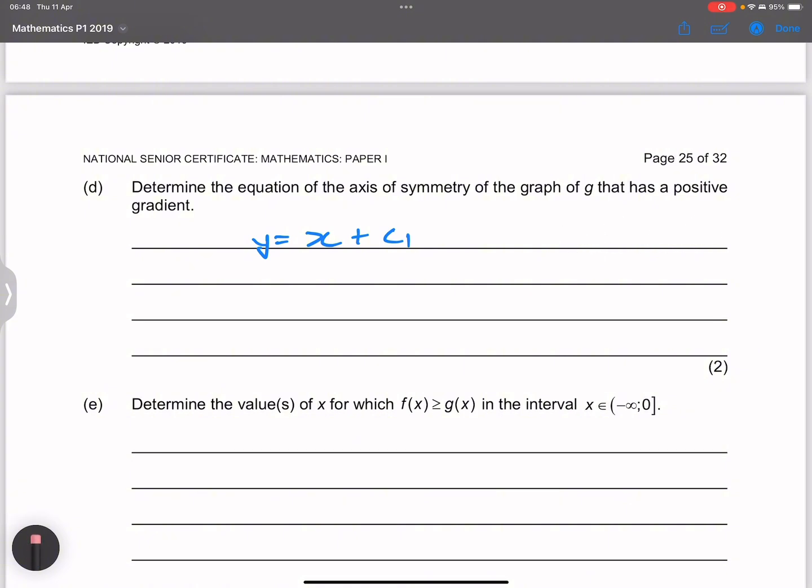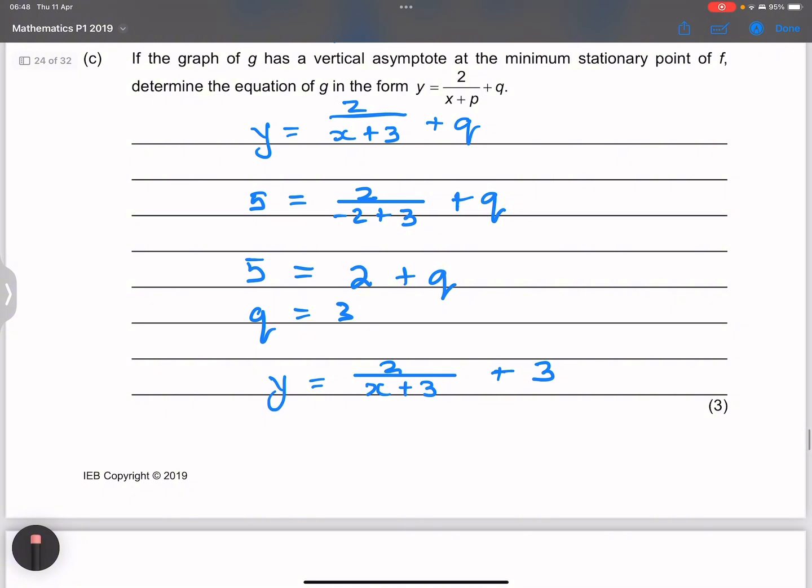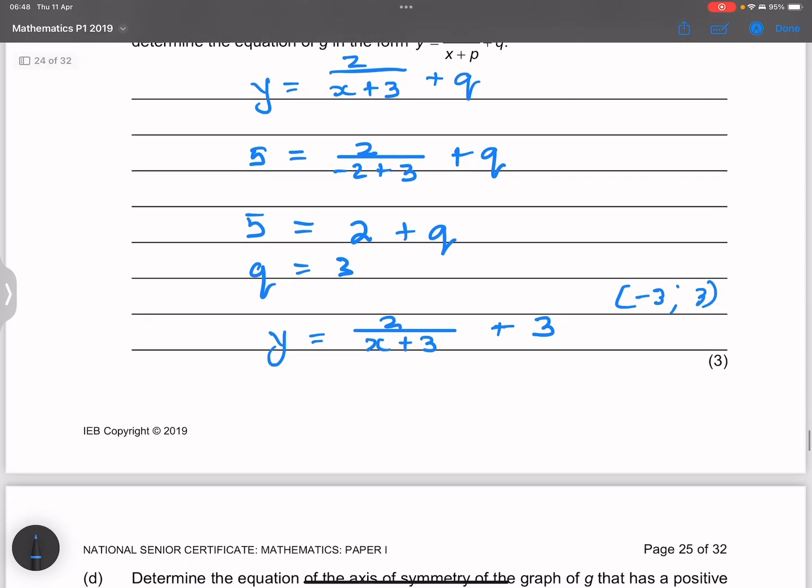Now, how do I get the value of c? In this case, I simply will take my asymptotes. Now, you remember that my asymptotes will be at negative 3 and 3. So that axis of symmetry passes through the intersection of my asymptotes, which is at minus 3 and 3.